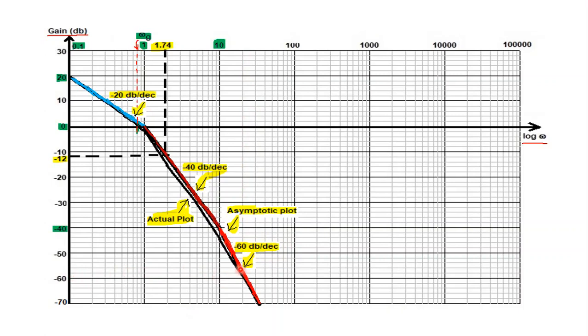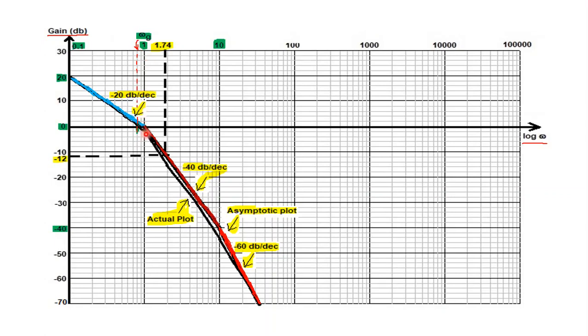So minus 58 corresponding to 20. So join these 2 points and then extend. If you extend, at 100 it will be around minus 100. After marking these 3 slopes on the Bode plot, we can draw the actual plot by making corrections.